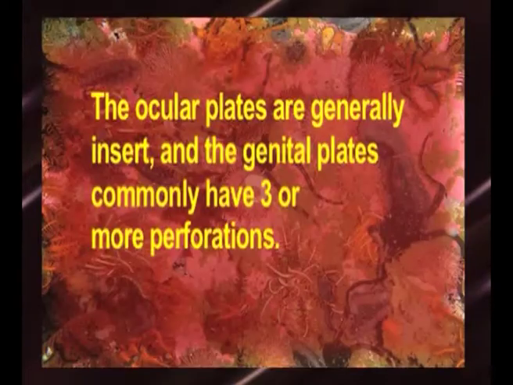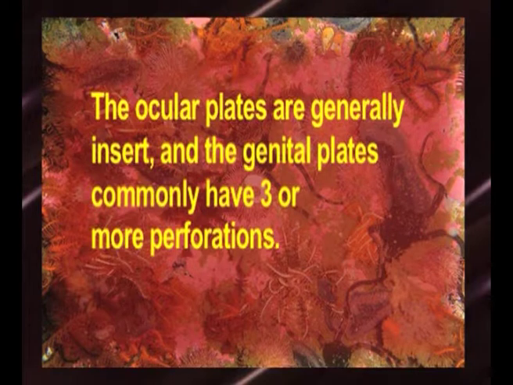In the interambulacral area, the number of columns varies from 3 to 14. Some forms have a rigid test, but in many genera, the plates of both areas overlapped so that the test was flexible. The ocular plates are generally insert, and the genital plates commonly have 3 or more perforations.